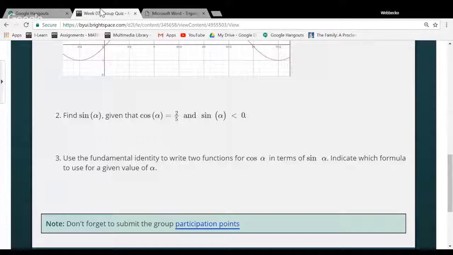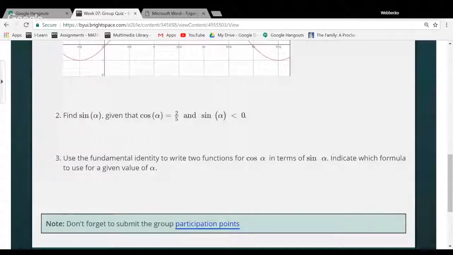Oh, okay. To write two functions, indicate which formula is used for a given value of A. Two functions of cosine A in terms of sine of A. So does that mean, in terms of sine of A, that sine of A equals whatever cosine A is? Or does it mean cosine A equals whatever sine is? Or does that make any sense? Yeah, I didn't follow that. I didn't follow it either. It came out of my own mouth and I didn't follow it.